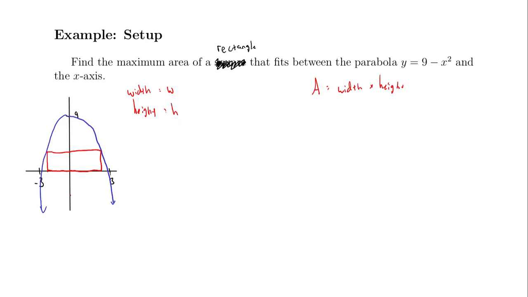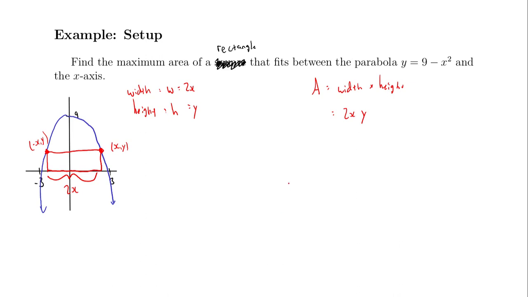But based on this graph, it might make sense to call this width something specific. Notice that if we put a point right here, this point is some x and y value. And if we put the same point over here, we have this nice symmetry for our parabola. It's just the same x value but negative, and the same y value, meaning the total width is 2x. And the height is just y. So really, we have 2x times y.